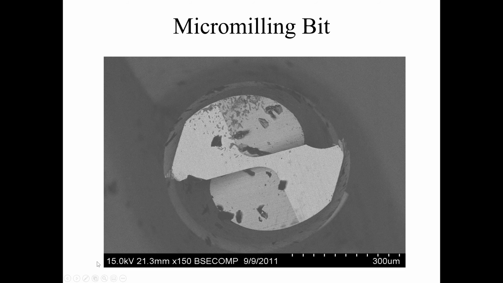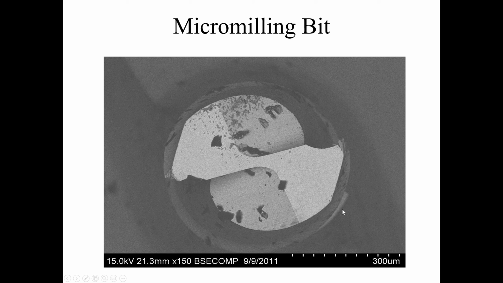Key takeaways: acceleration voltage is how much energy I'm using to generate the image. 21 millimeters is the distance from the end of the microscope to the top of that drill bit. You have the magnification, which is the field of view. Backscatter is the mode. And the scale bar from here to here is 300 microns.